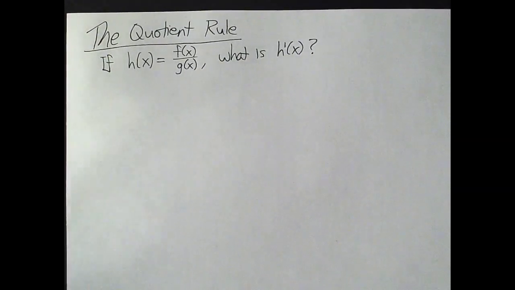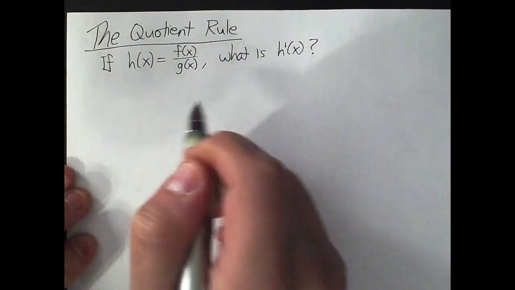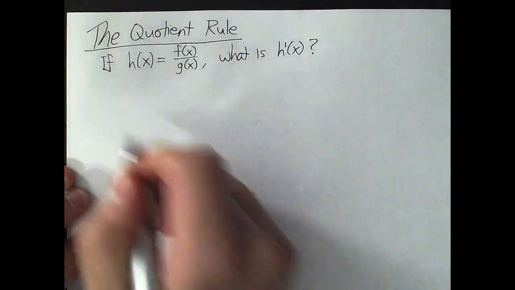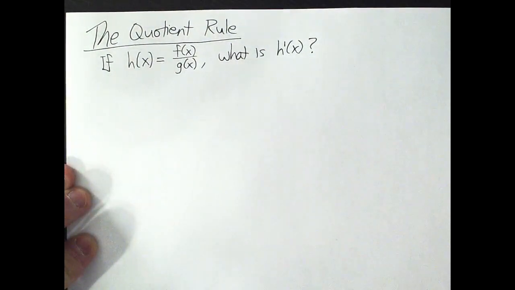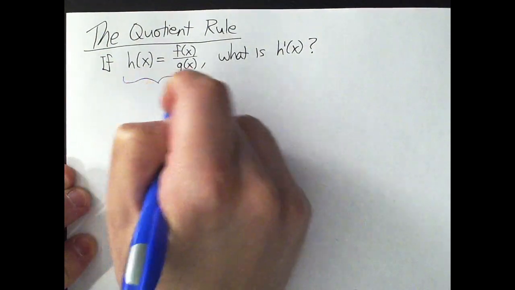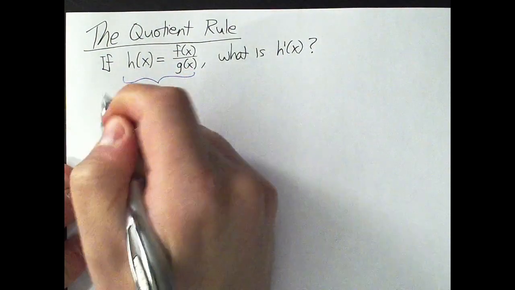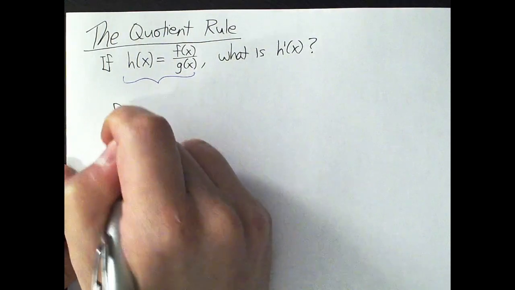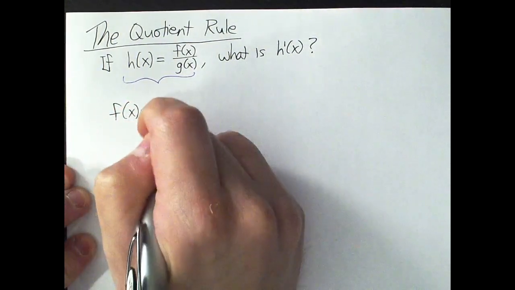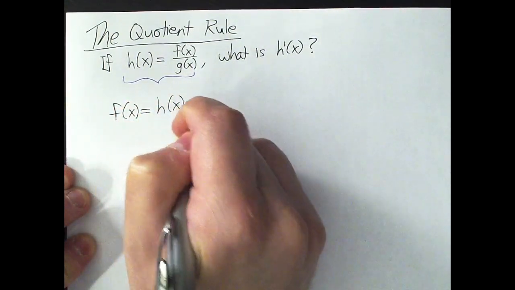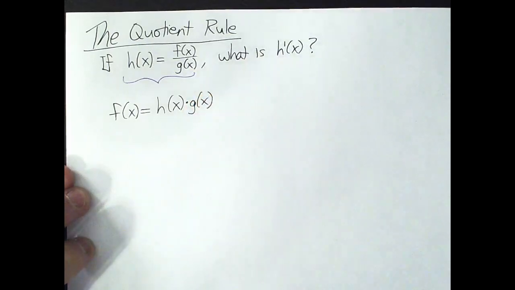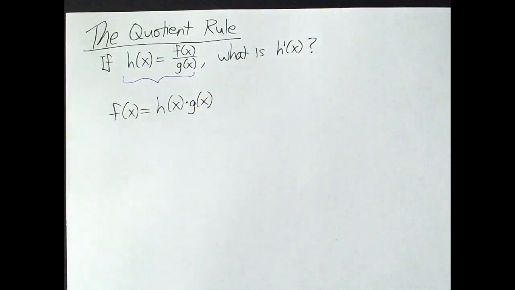So we need to find a new rule. So here's what we're going to do. I'm going to take this, and I'm going to rearrange it to say f of x equals h of x times g of x. That's okay, right? All I did was multiply both sides by g.